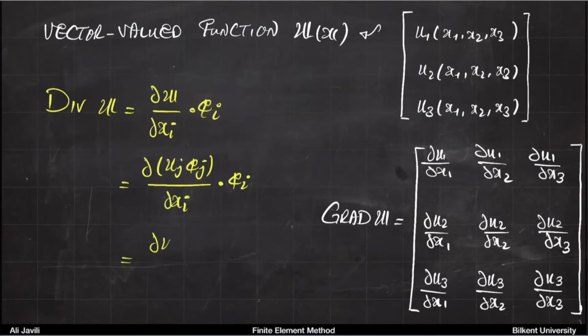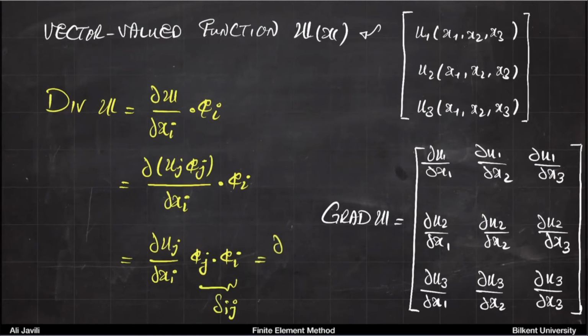This is the derivative of u_j with respect to x_i. Again, e_j comes out. Now, if you look at e_j dot e_i, you remember this is your Kronecker delta. It's that thing that is 1 only if i and j are equal, and 0 if i and j are not equal.